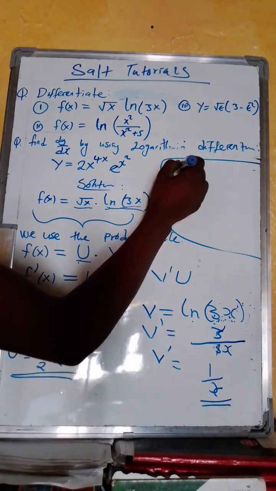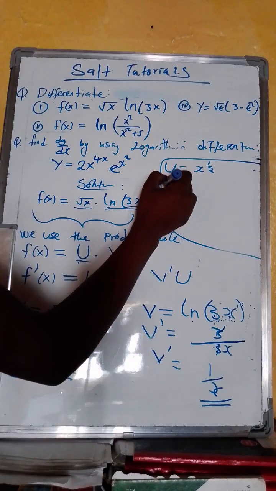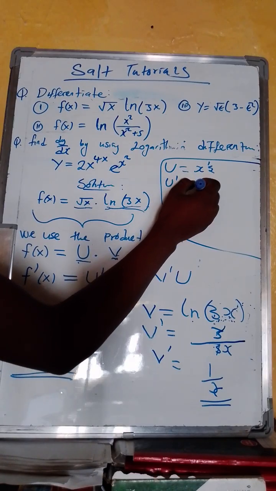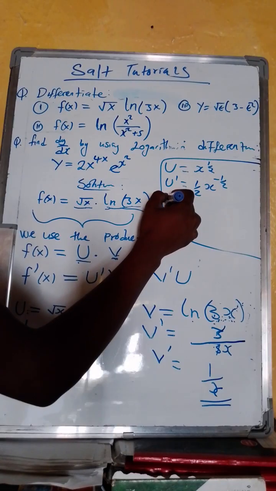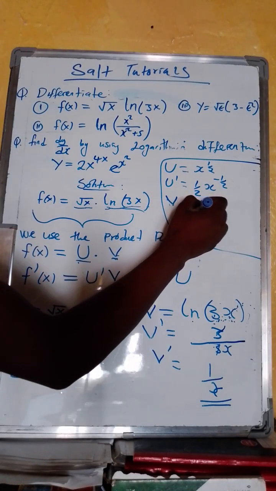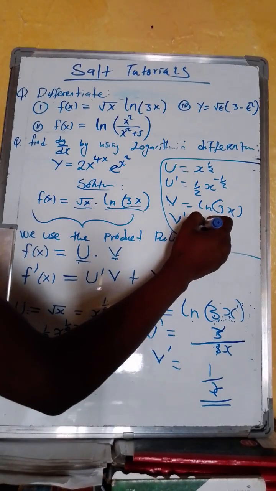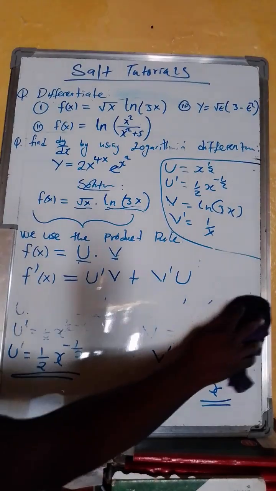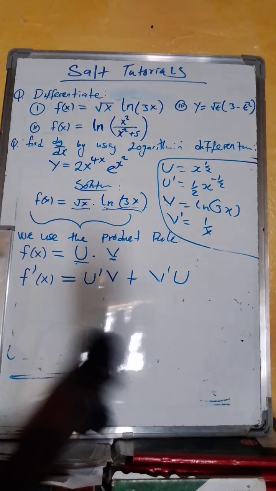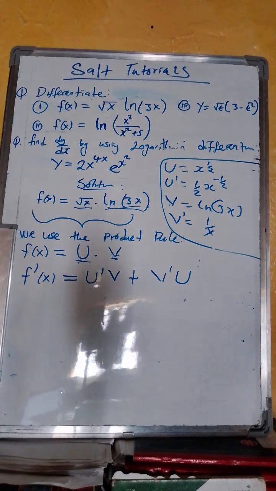We have our u equals x power 1 over 2. We have our u prime equals 1 over 2 x power negative 1 over 2. And we have our v equals the natural log of 3x. And we have our v prime equals 1 over x. Now let's replace everything in the formula. What am I going to have?